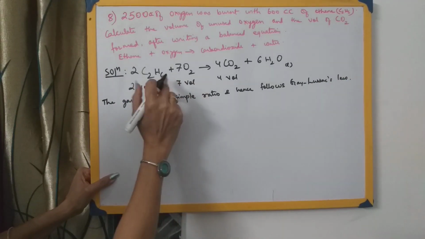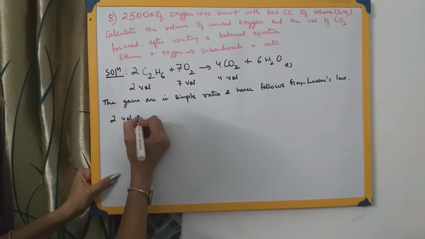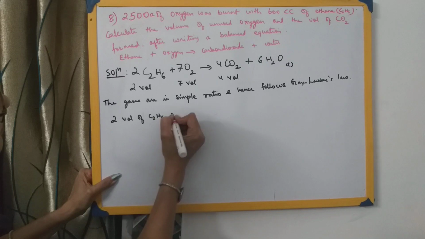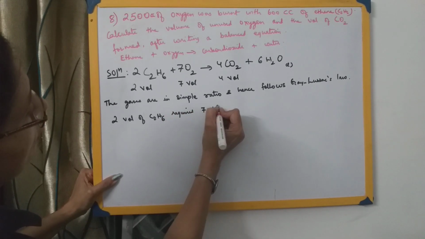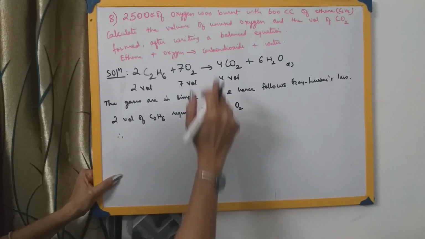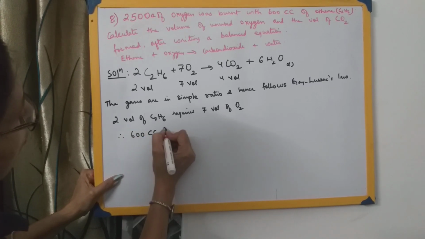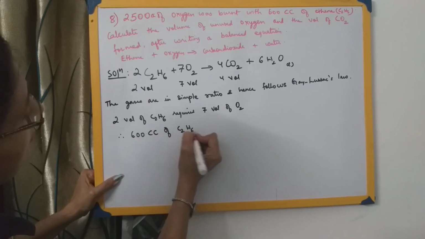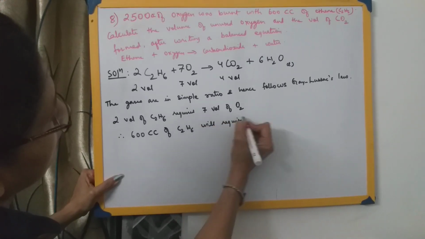Okay. Now 2 volumes of ethane, 2 volumes of C2H6, require 7 volumes of oxygen. Therefore 600 cc of ethane will require oxygen.